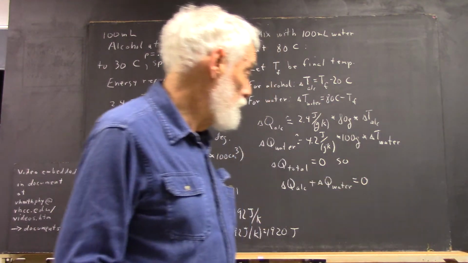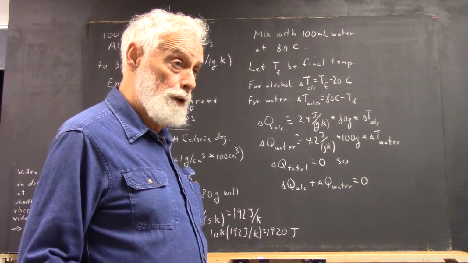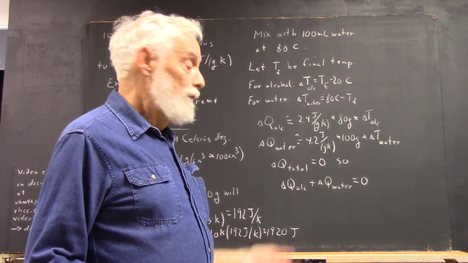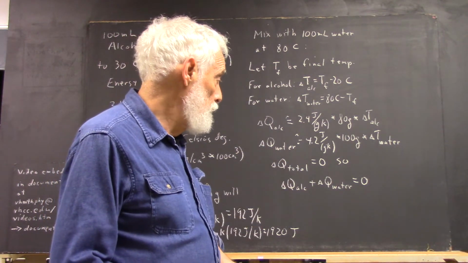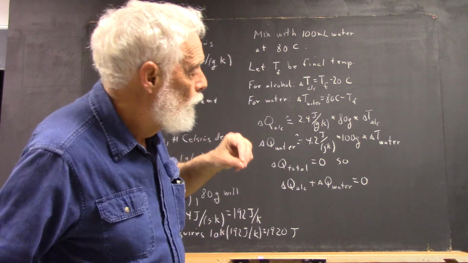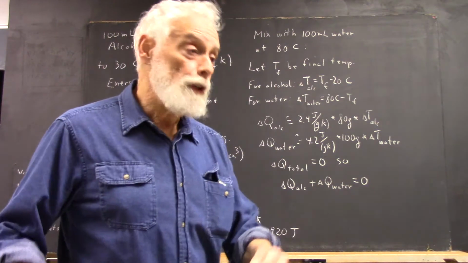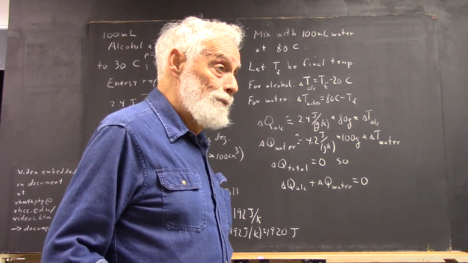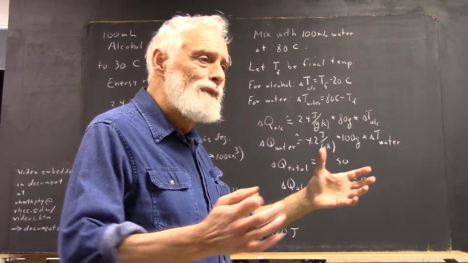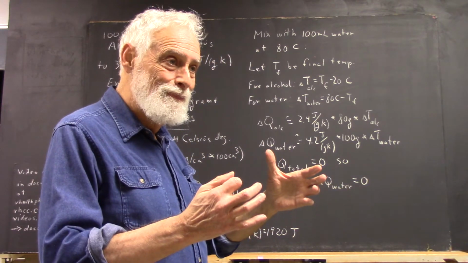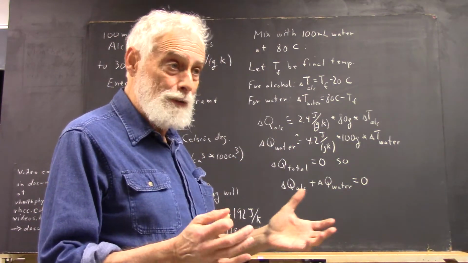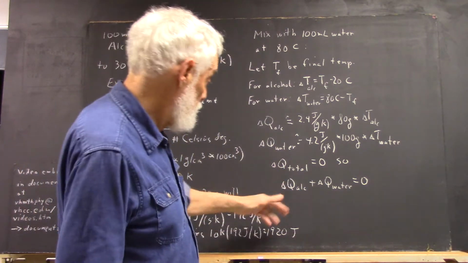So you immediately get a solution, okay? And what we're doing here is we're actively working from the principle of energy conservation. No energy exchange with the room or the surroundings means that energy is conserved within the system.